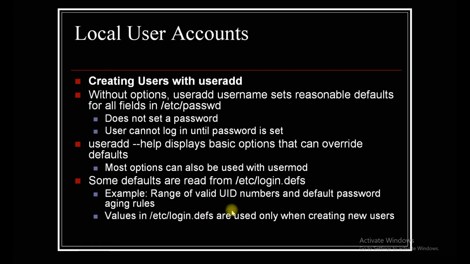Okay, so values in /etc/login.defs are used only when creating a new user. If you are not mentioning any of the parameters and just running the command useradd space username, then comment information, UID information, GID information, or home directory information, everything it will take from this file, /etc/login.defs.